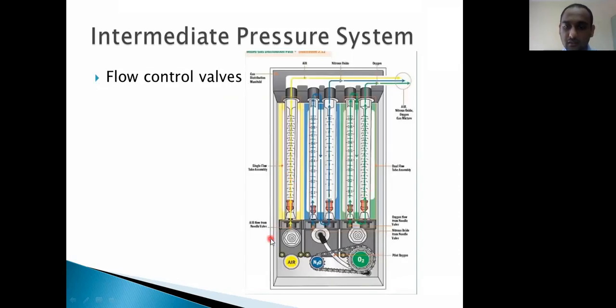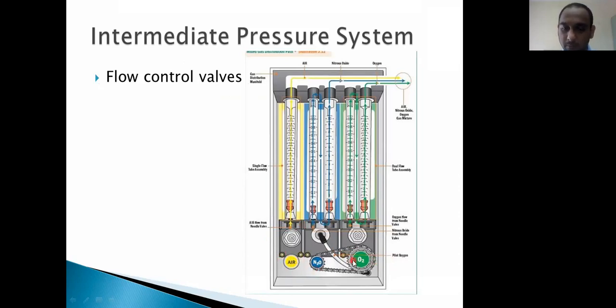This shows the internal working of the entire assembly of the flow control valves, which are down here, and these are the flow meters that you see go up and down. So these flow control valves are located here.